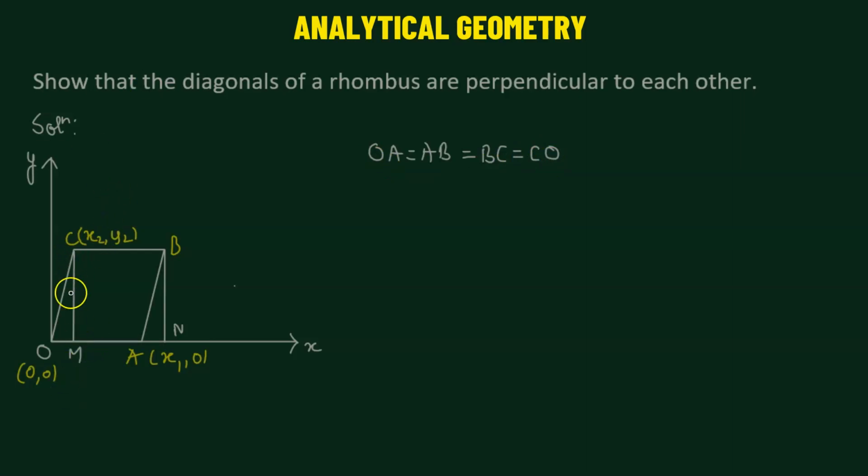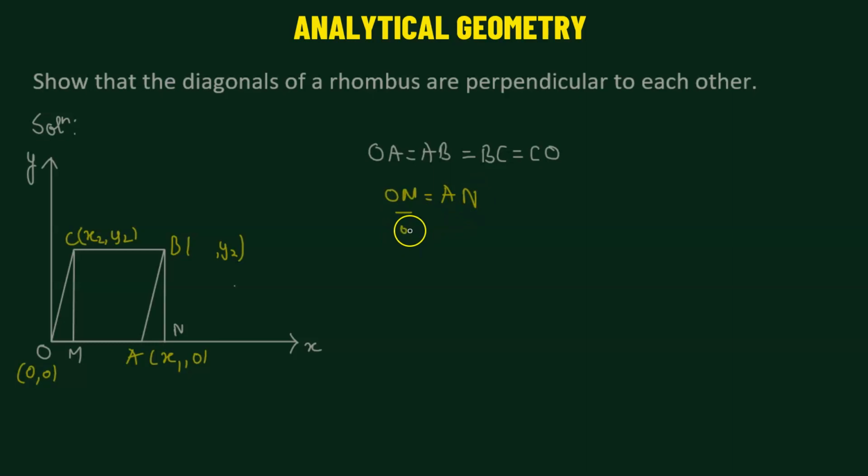Now, since CM is going to be the height of the rhombus, which is y2, that means the height BN is also going to be y2. So the y coordinate of B is going to be y2 as well. Now we'll have to find out the x coordinate. Clearly here OM must be equal to AN. This length must be equal.